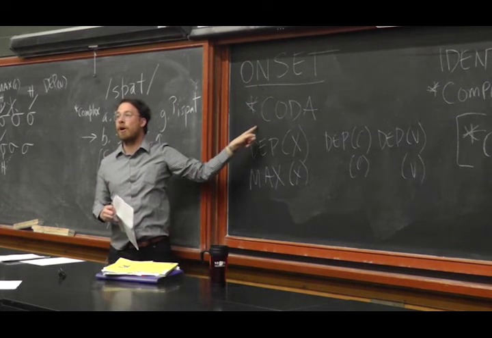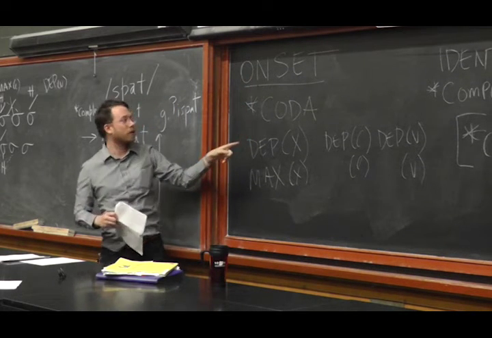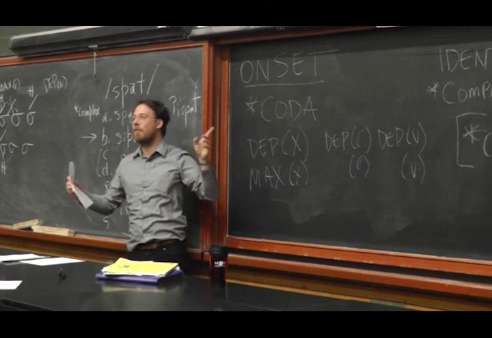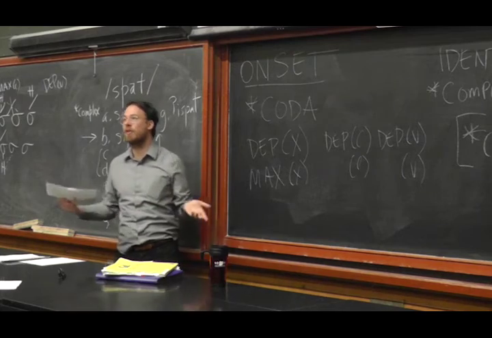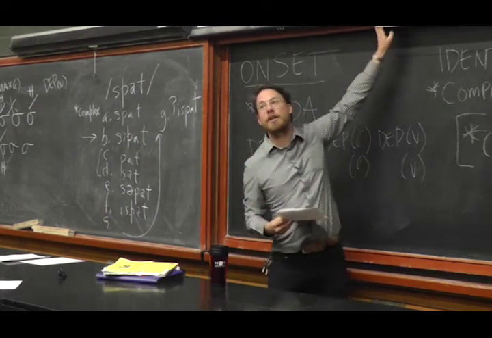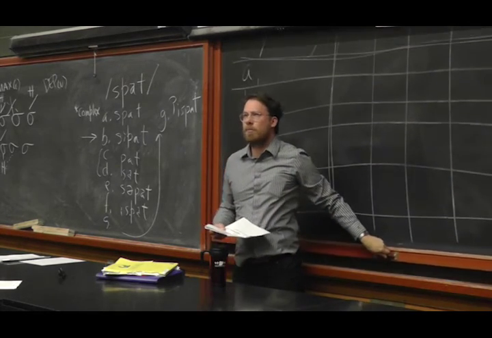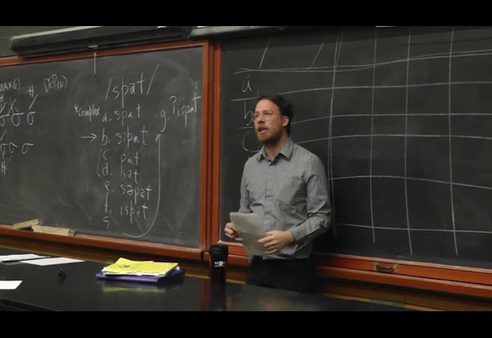This one's saying don't have a coda. This one could just say don't have a consonant at the end. This says don't have a vowel at the beginning of the syllable. There are all different ways to formulate it. Some of that is just conventionalized, but they should be basically translatable one to the other.